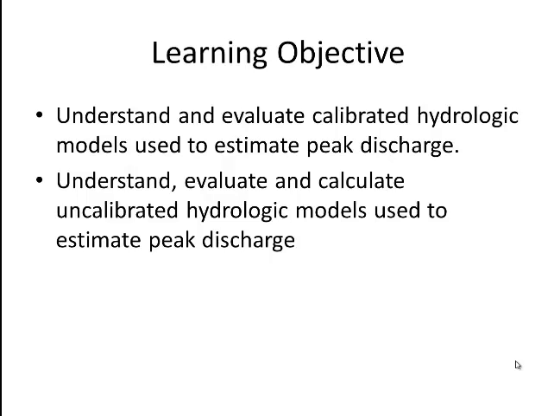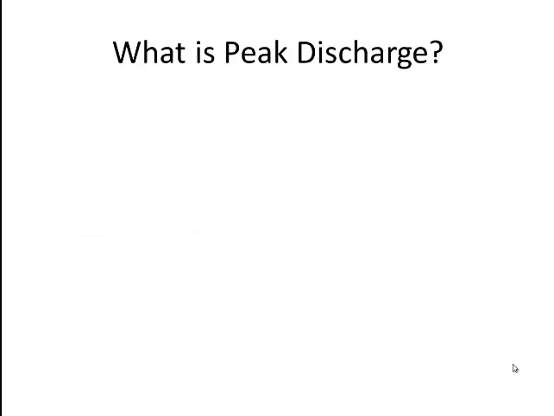Uncalibrated models are used when calibrated models are not available, and especially for design purposes. Calibrated models are very useful in professional work and will be helpful in your professional careers.